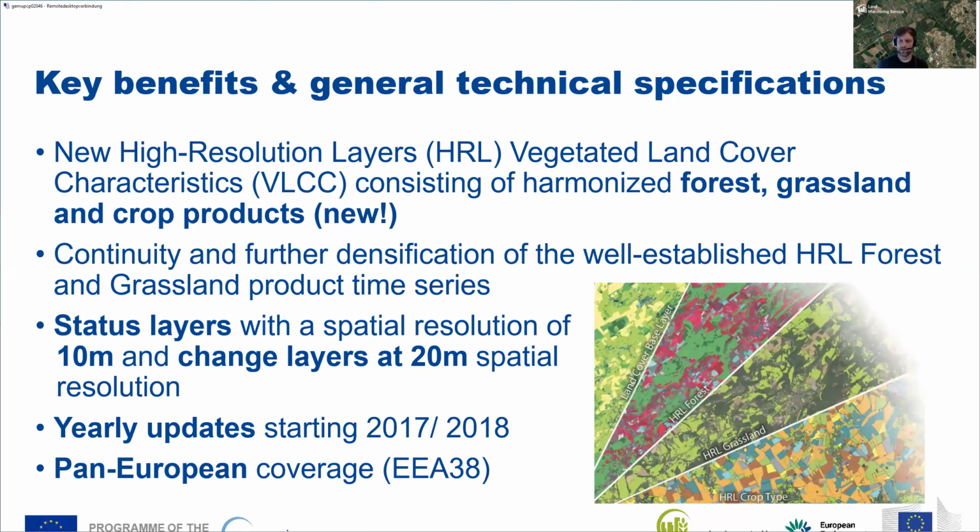All of these products are provided with pan-European coverage, and at this stage, this means the products cover the EEA38 area, and in an upcoming product phase, the areas of the United Kingdom will then also be produced, so that the former EEA39 area will be available once the product is concluded.